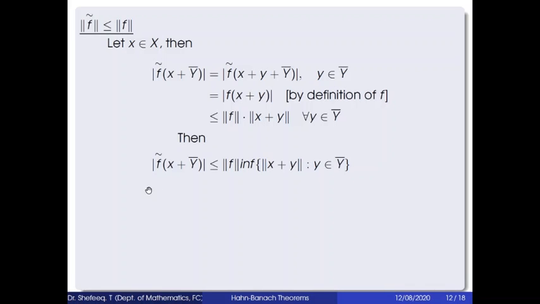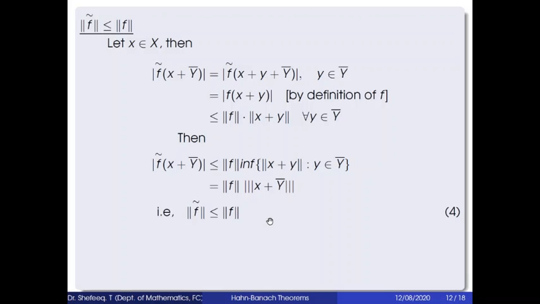Then mod f tilde of x plus Y bar is less than or equal to norm f into infimum of the set norm x plus y such that y belongs to Y bar. Which is equal to, this is the definition of our quotient norm, norm f into triple norm x plus Y bar.